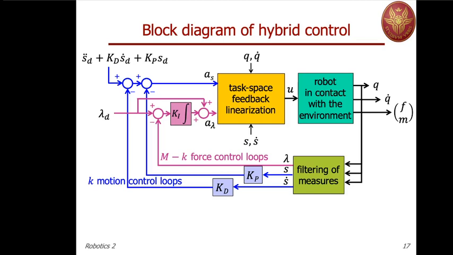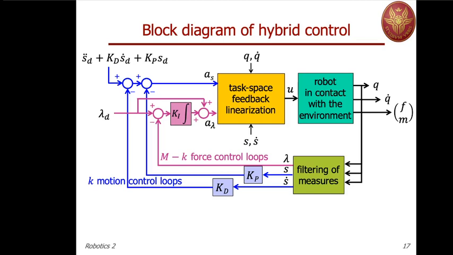So you can see various blocks with colors. So I will refer to colors. You start with the robot which is in contact with the environment. So your inputs are u, and your outputs, of course, you measure q, you measure q dot, or indirectly through numerical differentiation of q, and you measure F and M with the force torque sensor mounted on the end effector.